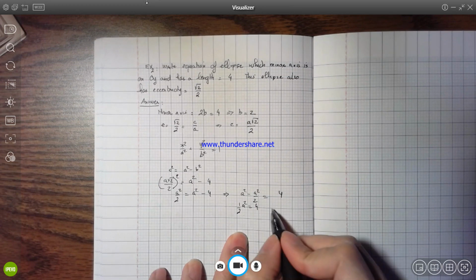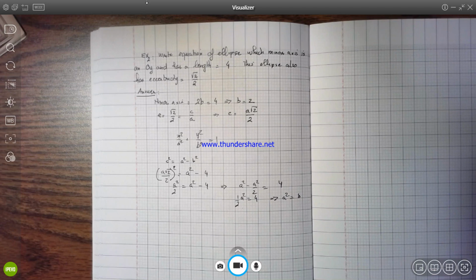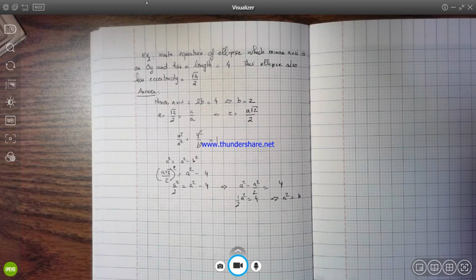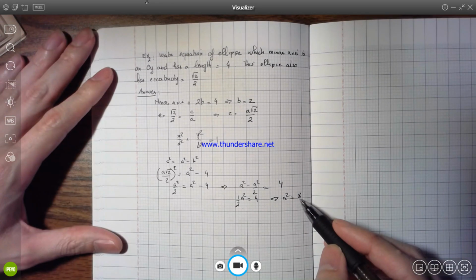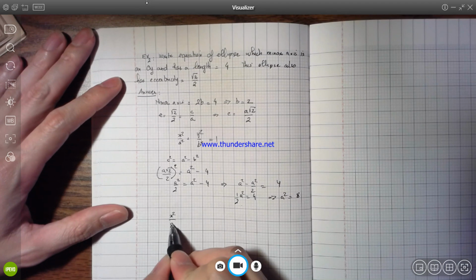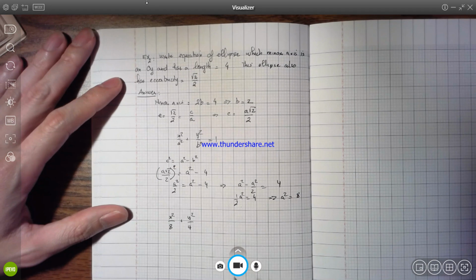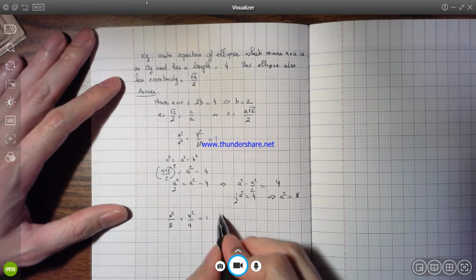Then A square equal 8. That's good enough. Then the equation will be x squared over 8 plus y squared over 4 equal 1. And here you go. We're done.